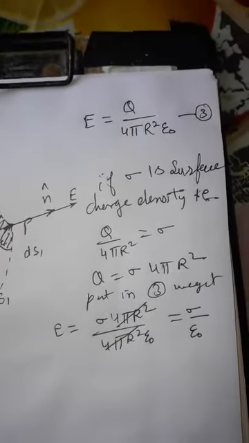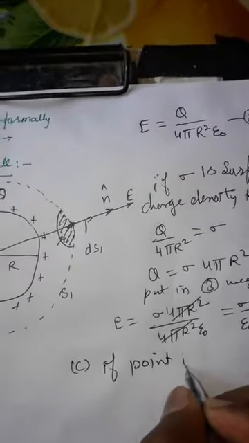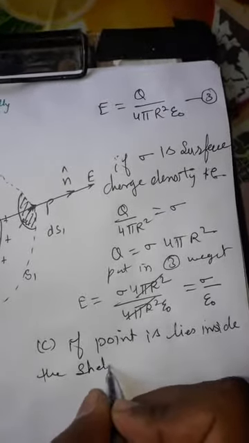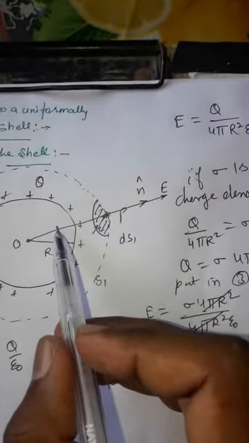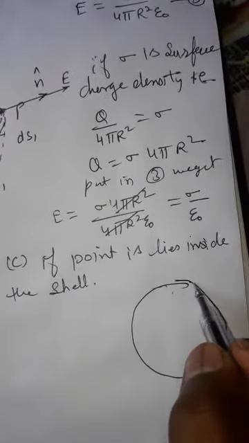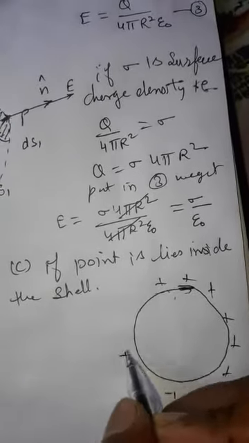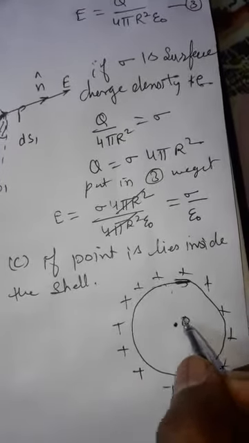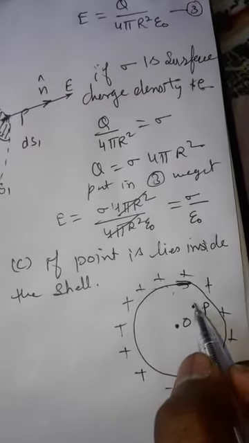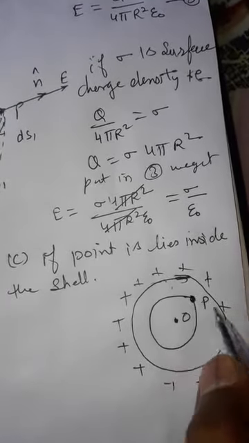Now another case, that is case third. If the point P lies inside the charged spherical shell, let this be the charged spherical shell having charge Q distributed on its surface, with center O. Now if point P lies inside the shell, we consider a Gaussian surface like this, a sphere around this point O, with point P on the surface.